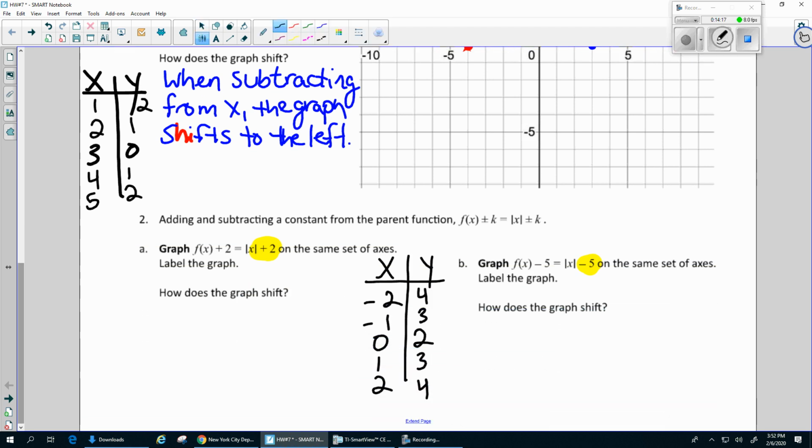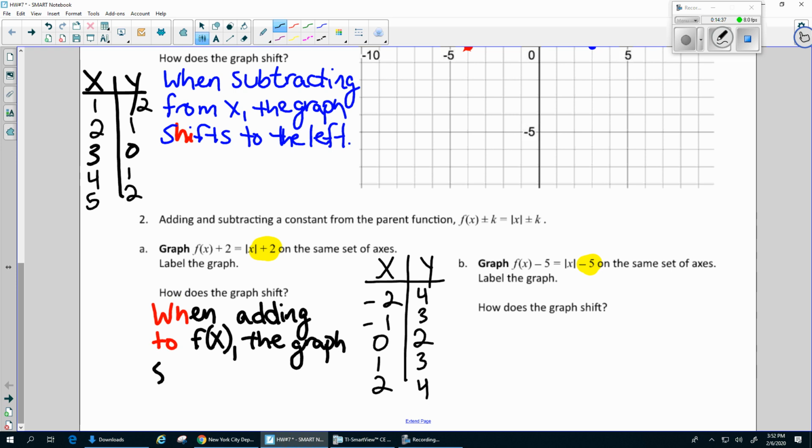The graph shifts, so when adding to f of x, the graph shifts up.